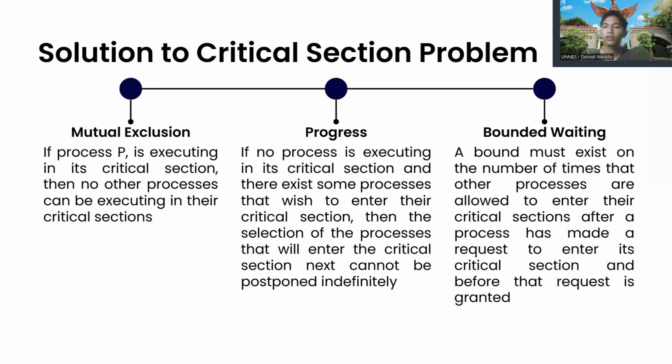And then the last is bounded waiting. A bound must exist on the number of times that other processes are allowed to enter the critical section after a process has made a request to enter its critical section and before that request is granted.